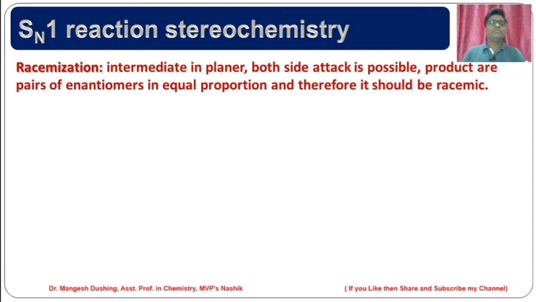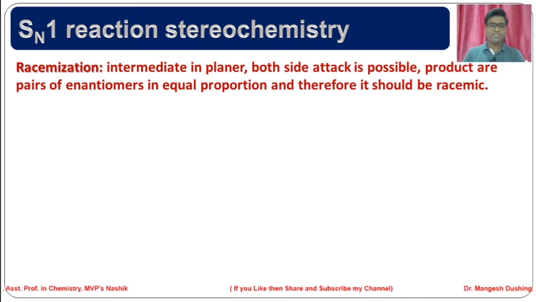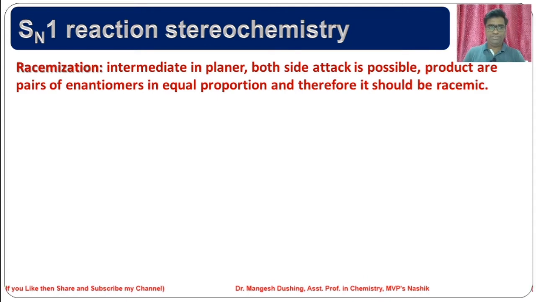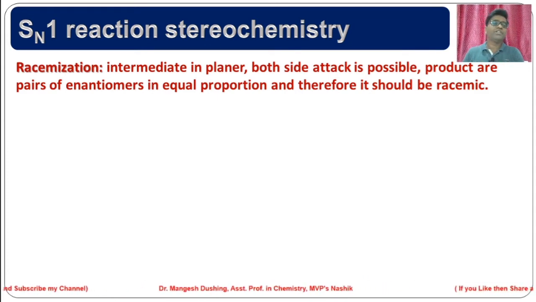The equimolar mixture, that is equal proportional mixture of two enantiomers, is called a racemic mixture. So in this case a racemic mixture is formed and that process is called racemization. So in the SN1 reaction, racemization of the product takes place, while in SN2 reactions we saw inversion of configuration.